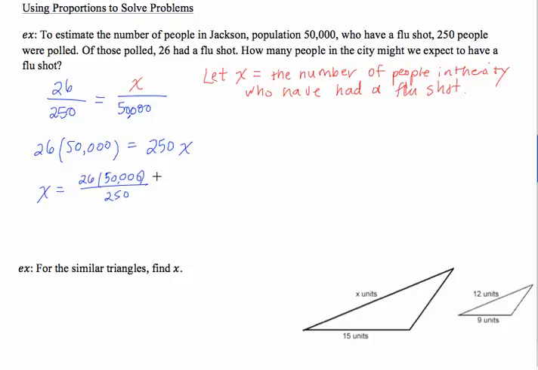And I would go to your calculator to see what that is. So 26 times 50,000 divided by 250, I get that that equals 5,200. So the question is, how many people in the city might we expect to have had a flu shot? Approximately 5,200 people we can estimate have had a flu shot.